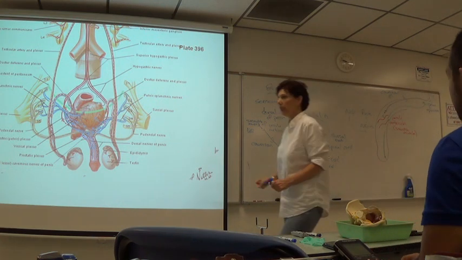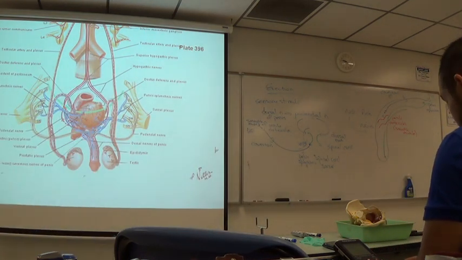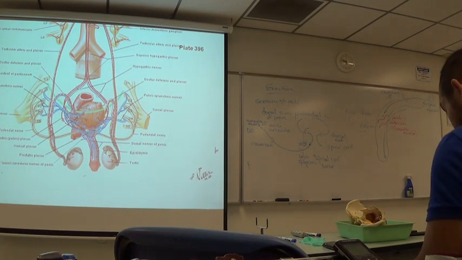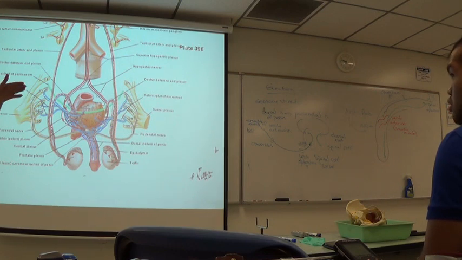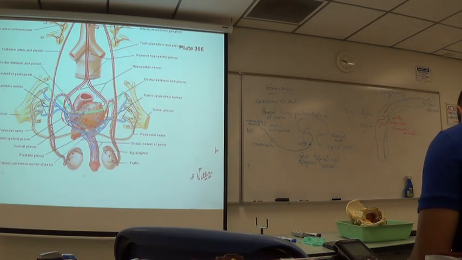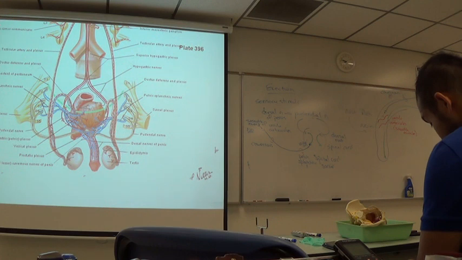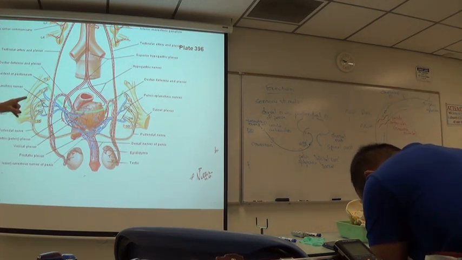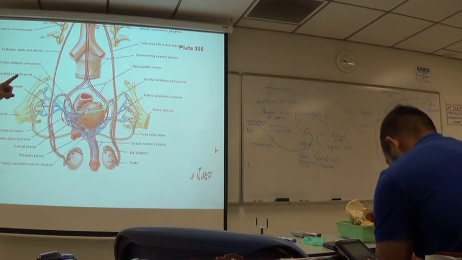All right. So that pathway is similar to what we see with emission and with ejaculation. However, emission, remember, is movement of the sperm through the vas deferens and secretion of the glands into the urethra. This pathway is the same, well, sort of.